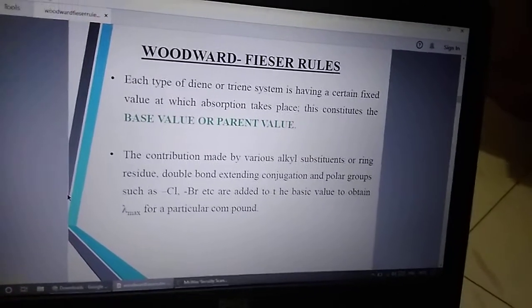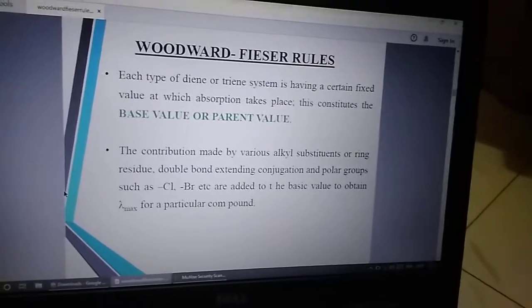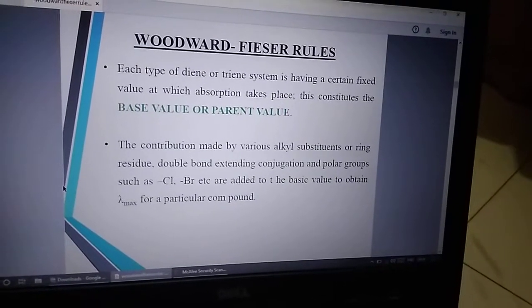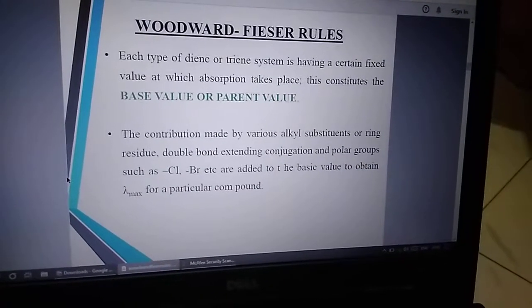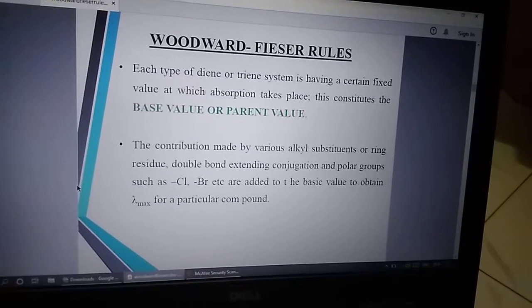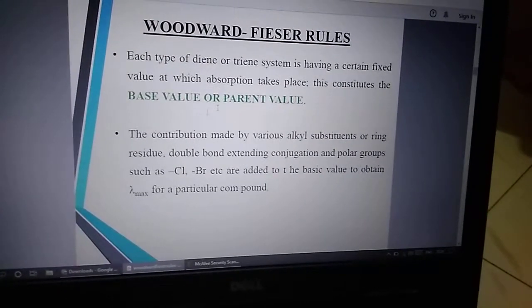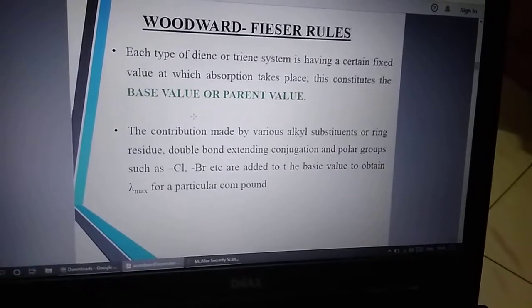For every molecule with a certain functional group, there is a fixed value at which UV absorption generally takes place. For every particular diene or triene, it has a particular value, and that value is called the base value or parent value.